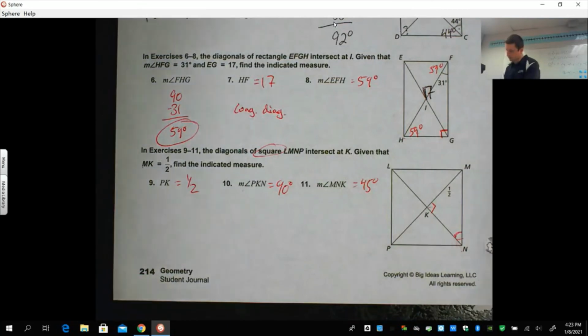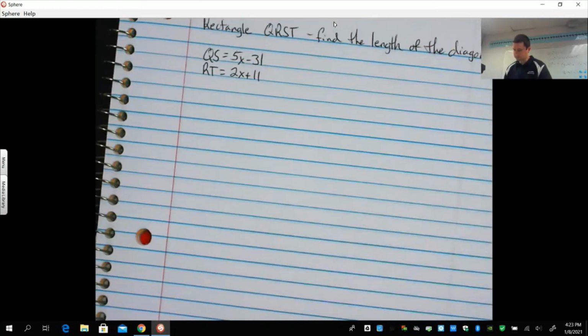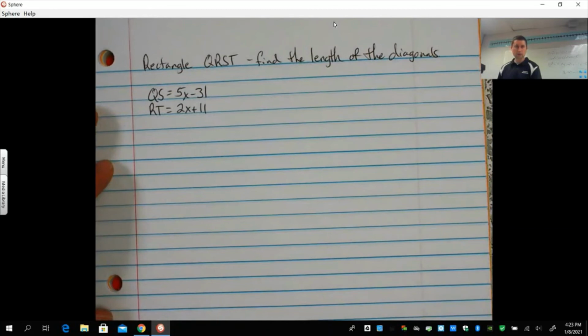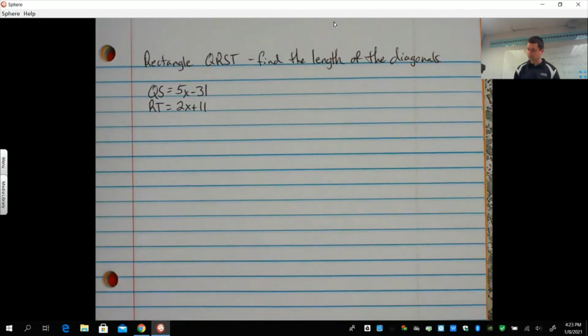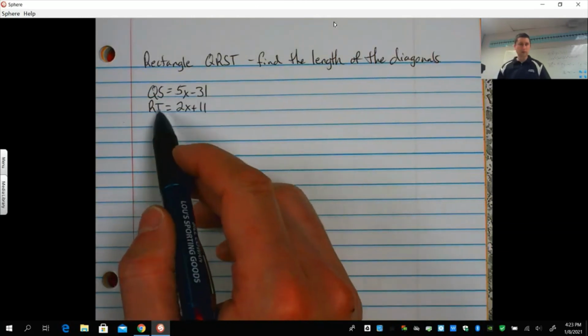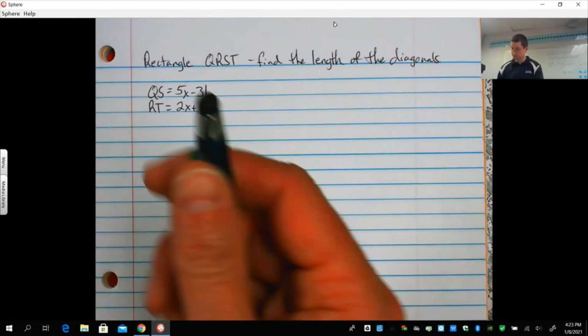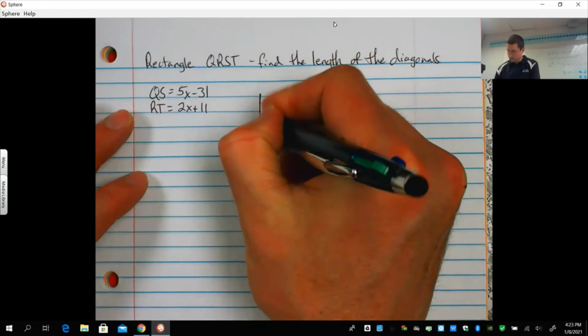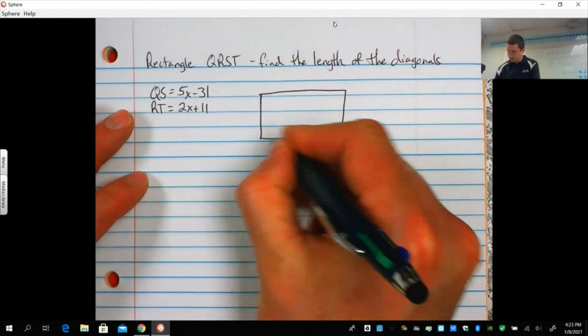The final example I'm going to do: let's say you have rectangle QRST, find the length of the diagonals. QS is 5x minus 31, RT is 2x plus 11. We draw our shape just to see what we have here.